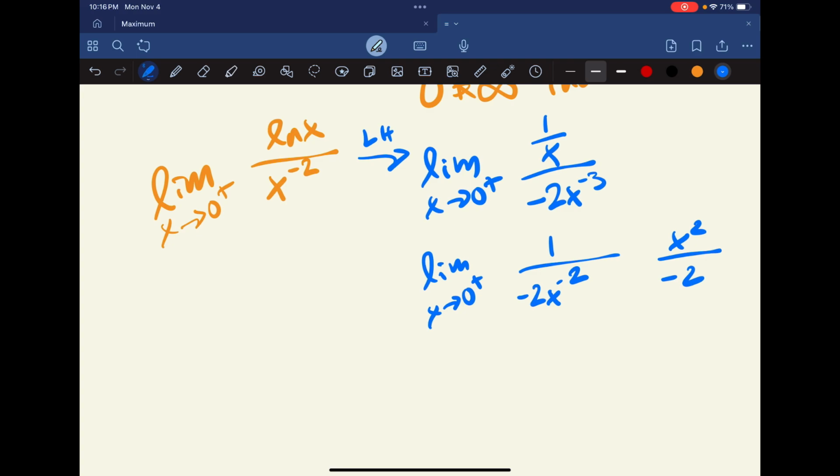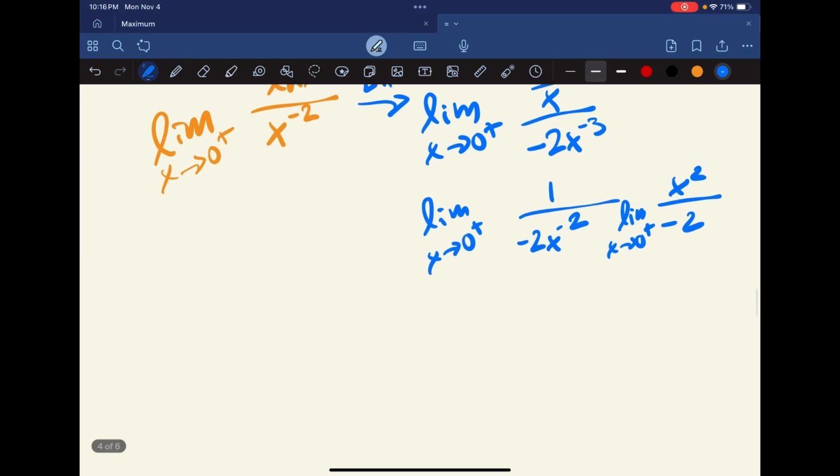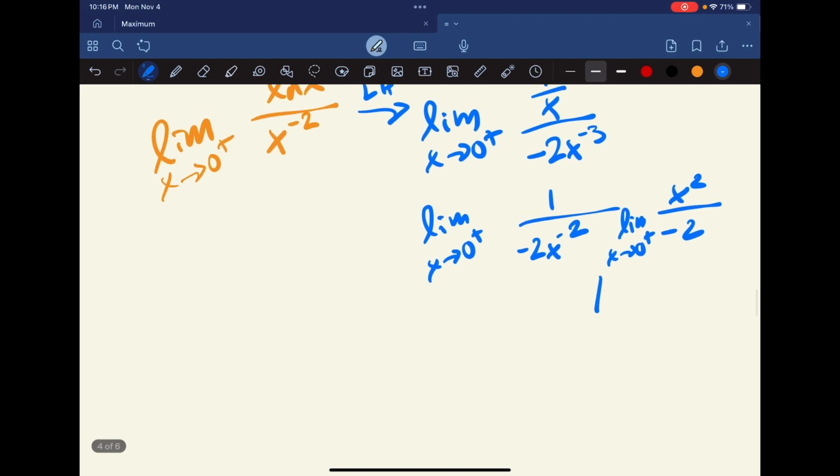So this is basically the limit as x approaches 0 from the right of x squared divided by negative 2. And we can just use direct substitution here. 0 squared is 0 divided by negative 2, and that's just 0. So our answer here would be 0.